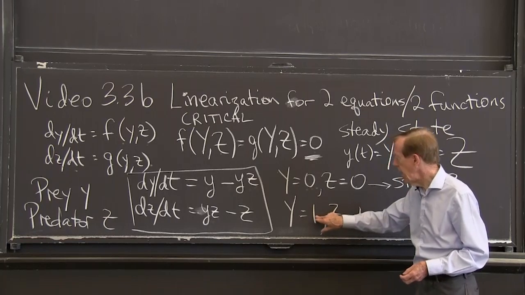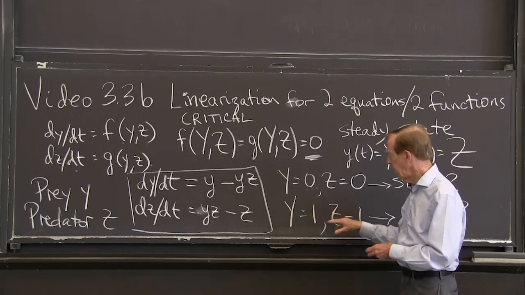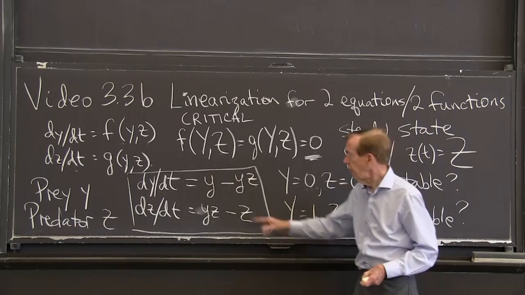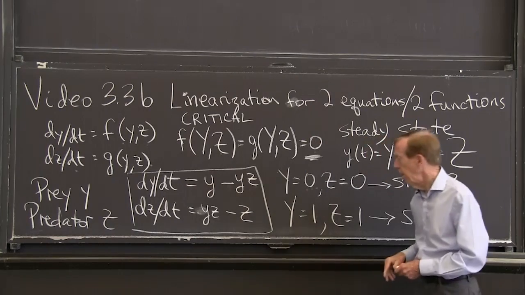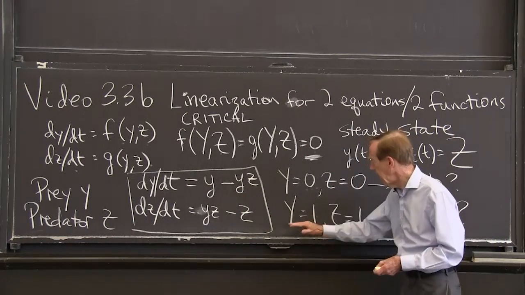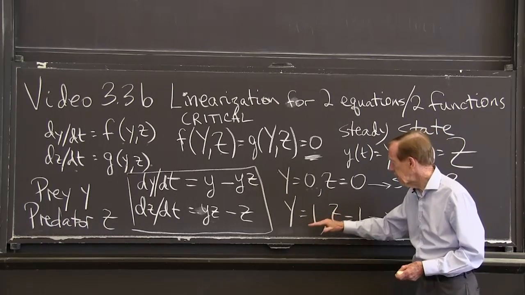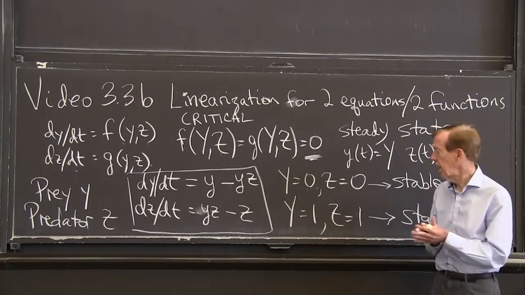Or if y is 1 and z equal 1, do you see that they would be in perfect balance? If y is 1 and z is 1, then that's 0 and that's 0. So the equation is satisfied. y can stay at 1 and z can stay at 1. It's a steady state.